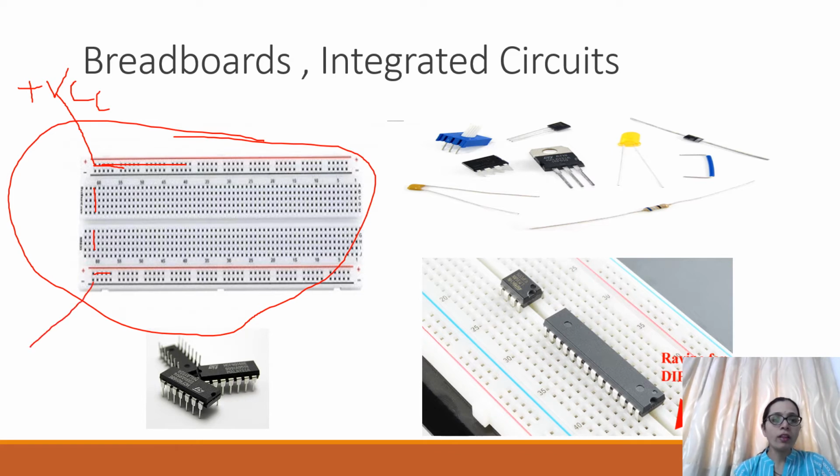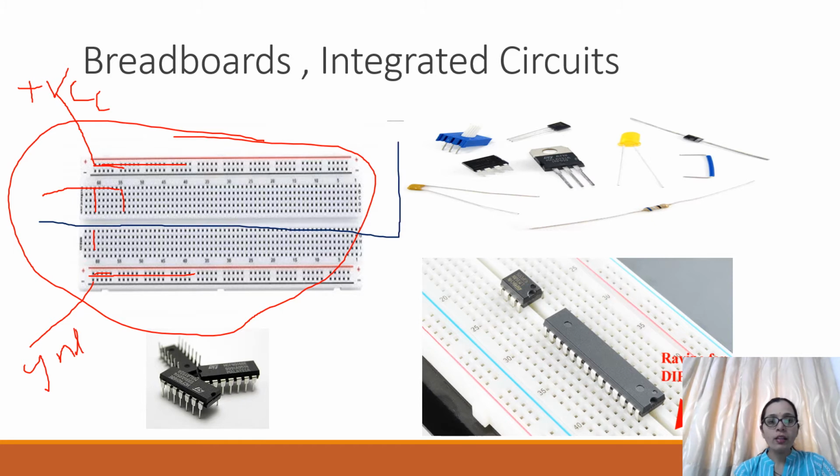Similarly, if you give ground over here, then that ground supply will be available to these slots also. Similarly, any input given to a particular slot will be available in the respective vertical slots.